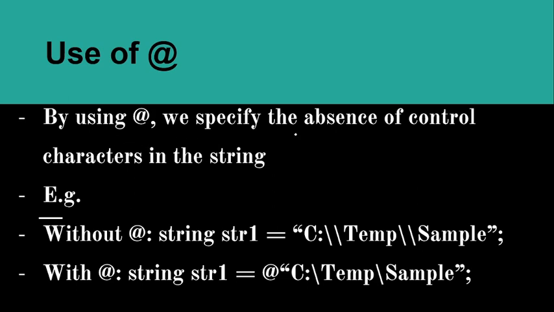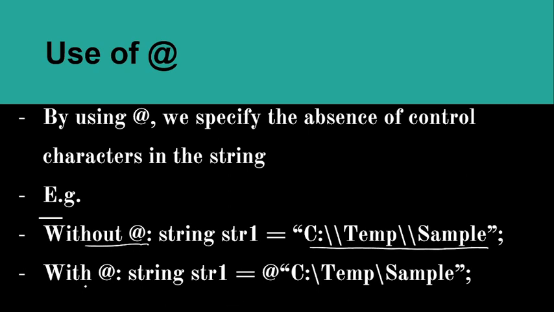See, by using @ we specify the absence of control characters in the string. So if I want to represent, like say, the path C:/temp/sample, now this slash has to be repeated twice and it understands it's a slash, otherwise it acts as a control character. So if it is without @, I have to use it like this.